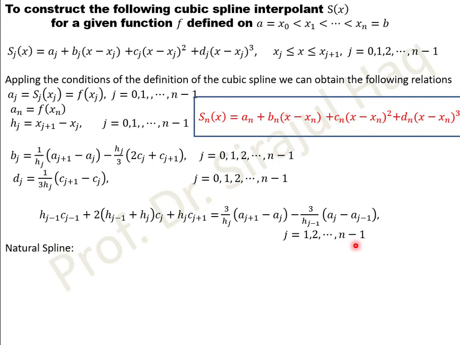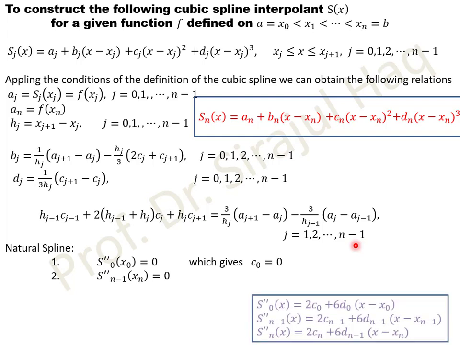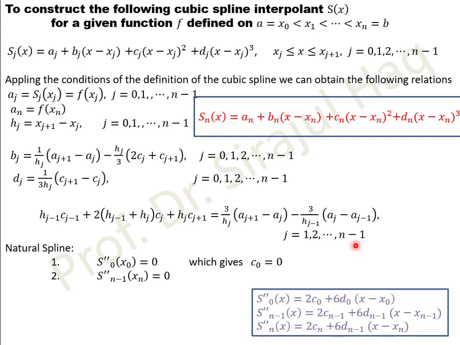At the moment I am talking about the natural splines, and you can see that natural splines are given by these 2 conditions. Look at this one. I have taken its second order derivative. This is straightforward. Take the first order derivative and the second order derivative.